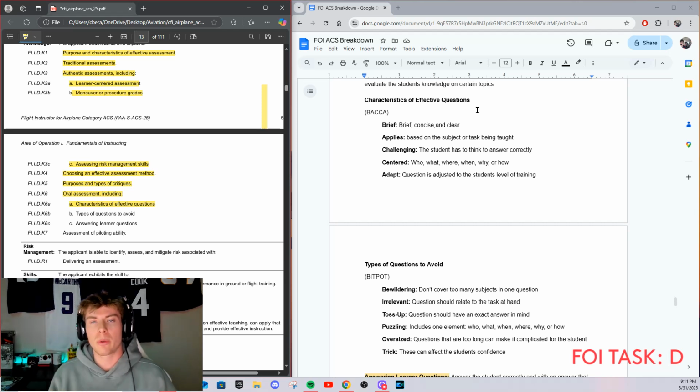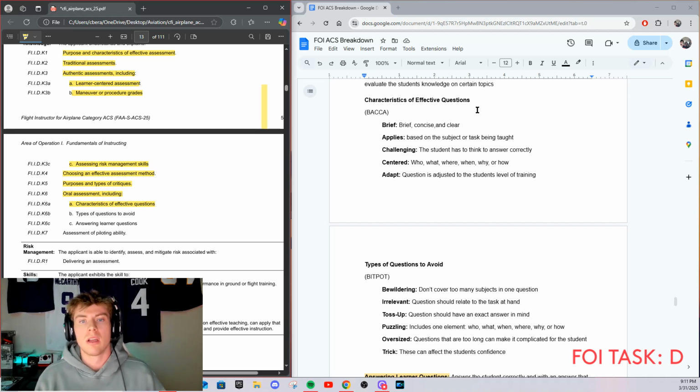And then we want it to be challenging. So the student has to actually think about the question. It shouldn't just be like you're constantly throwing them free balls. It's just easy questions. They're going to get their ego too high. You want to give them challenging questions that you think they could get correct. So they have to think about it.